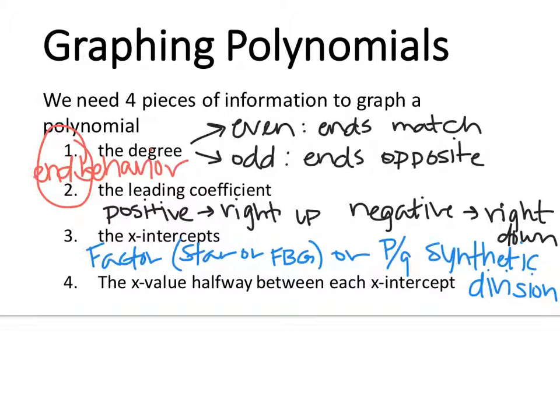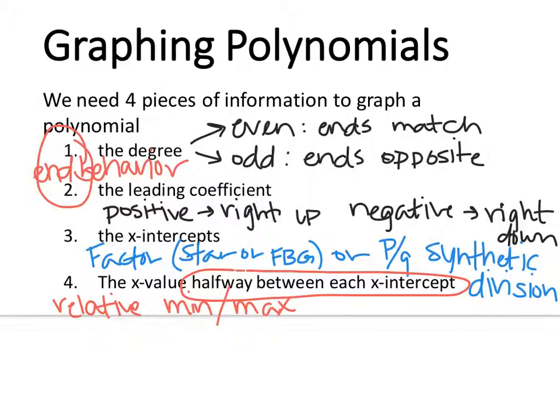For step 4, I want to find something called the relative minimums or maximums. So the relative minimums or maximums always occur halfway between each x-intercept. There's 2 ways to find that. So the x value is the halfway between each x-intercept.